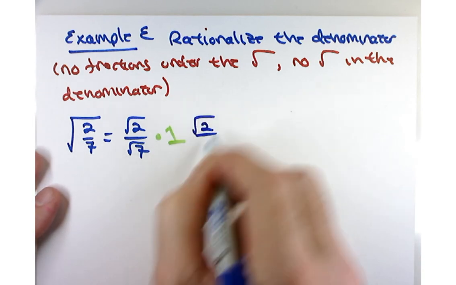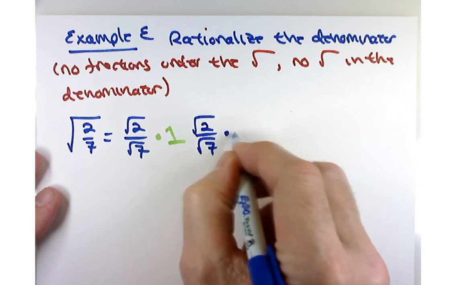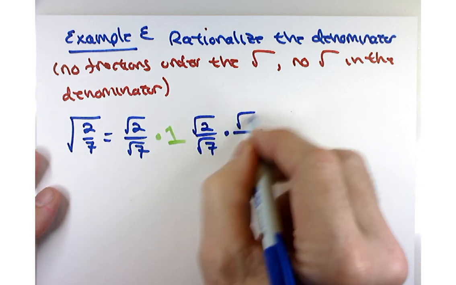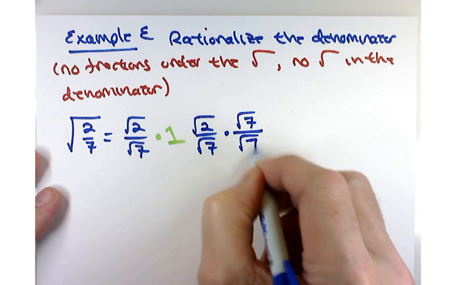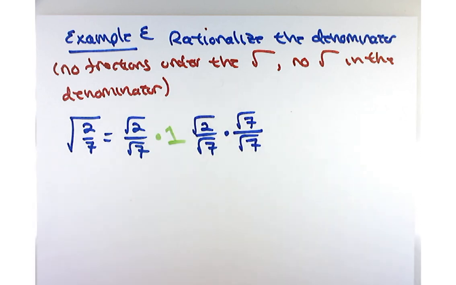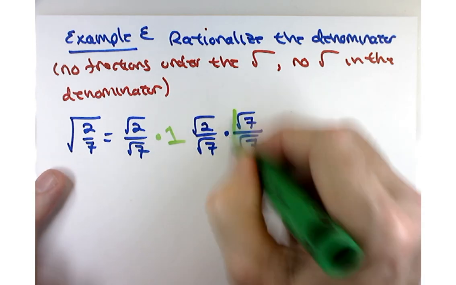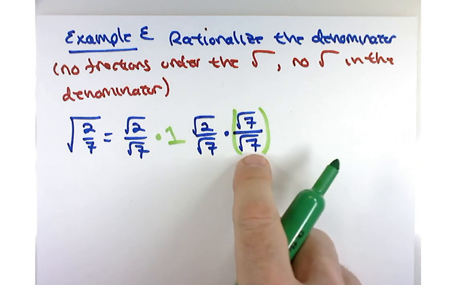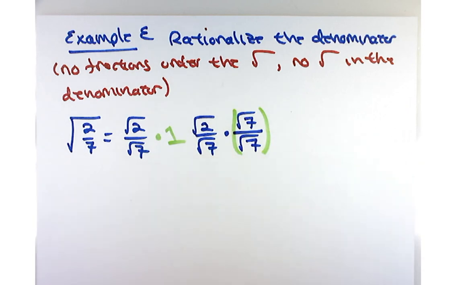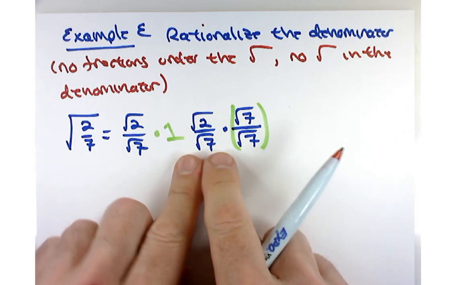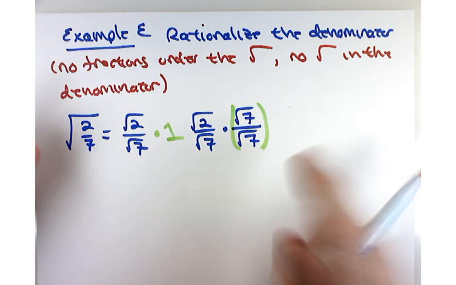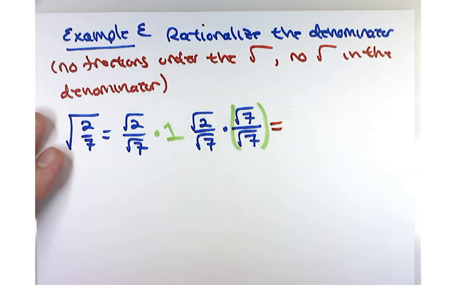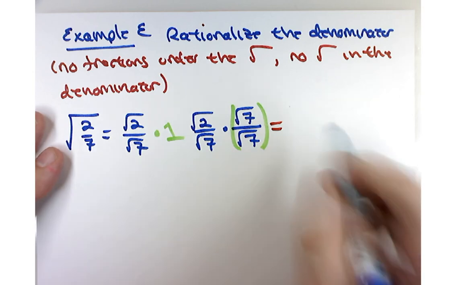And here, I've got a suggestion. What if I multiply by the square root of 7 over the square root of 7? Essentially, that's the number 1, right? Something over itself. But instead of canceling these, I'm going to multiply things out.